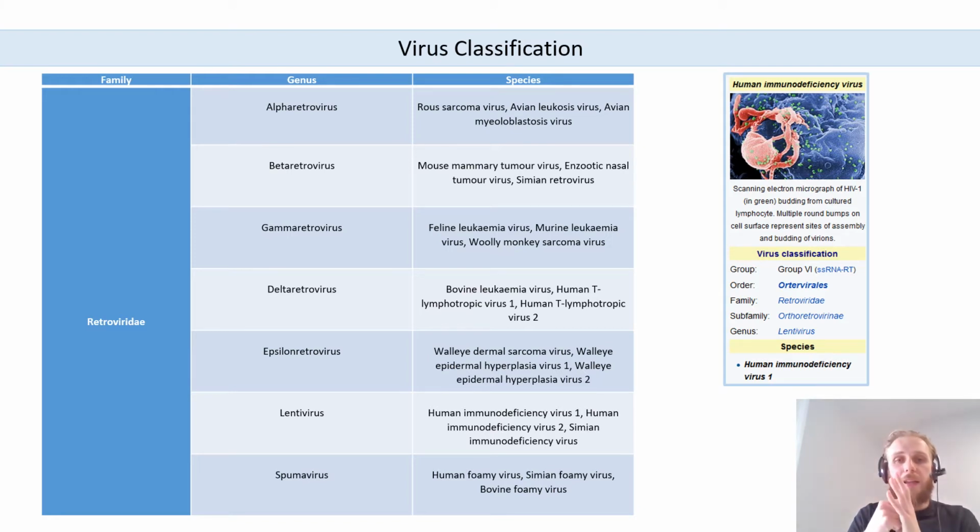And I want to reinforce the point that this classification is really, really useful information. So earlier we talked about some examples of why classification is useful in terms of therapeutics and microorganisms that cause disease, for bacteria and fungi and things like that.